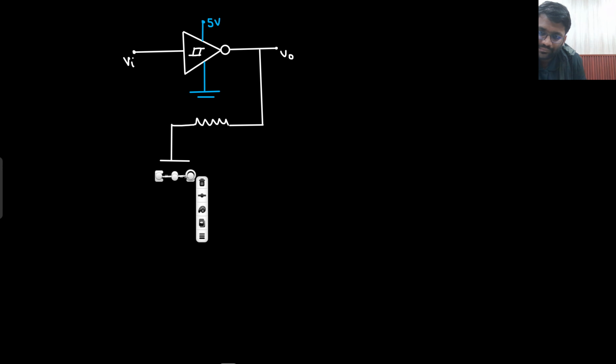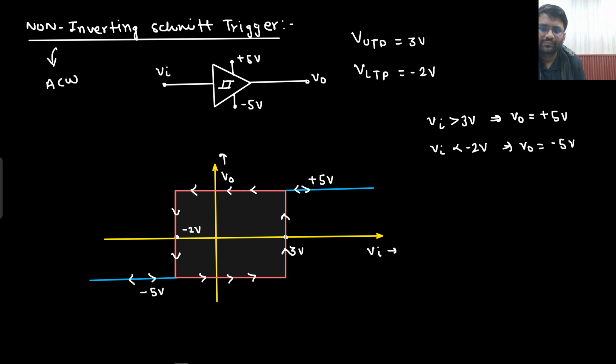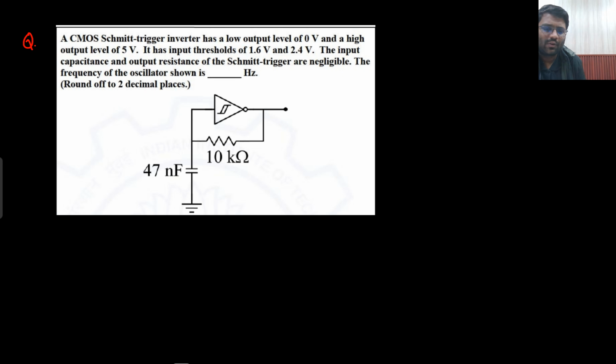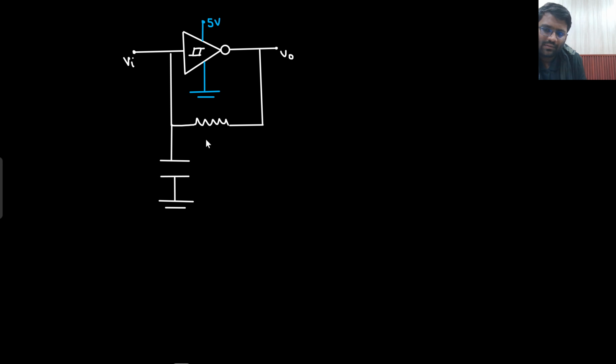They have connected an RC circuit here, and then this node goes here. This is the circuitry, 10 kilo ohms, 47 nanofarad. Right? This is the scenario now.